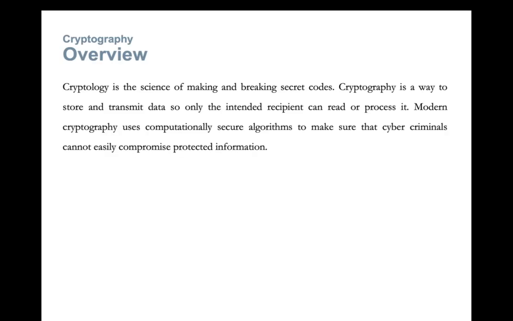Data confidentiality ensures privacy so that only the intended receiver can read the message. Parties achieve this through encryption. Encryption is the process of scrambling data so that an unauthorized party cannot easily read it.